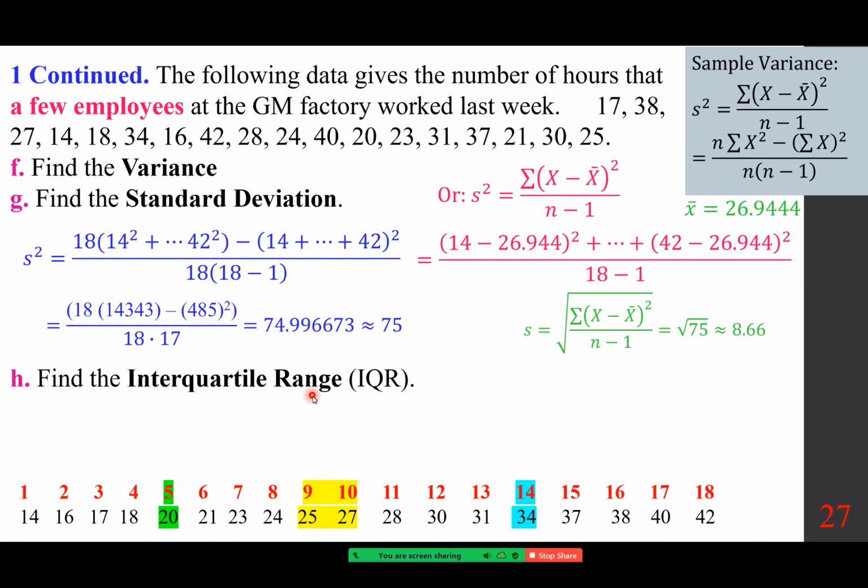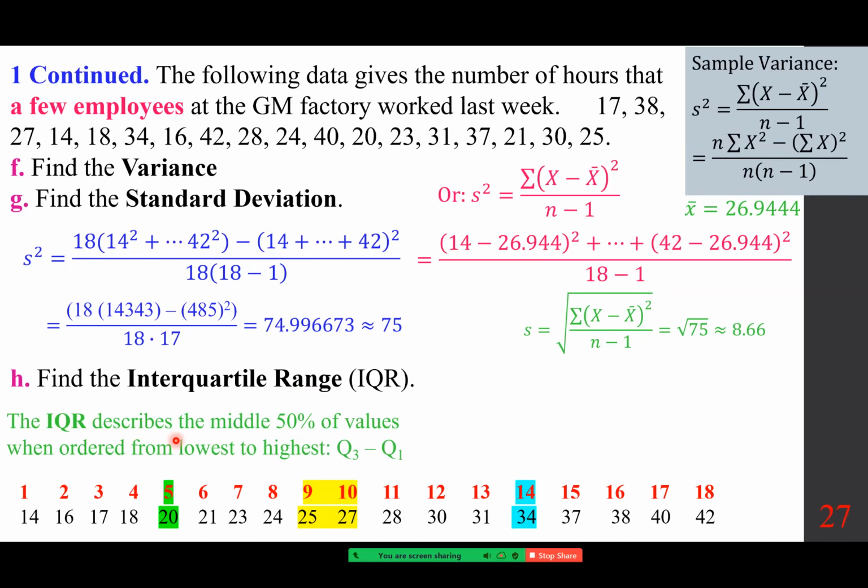What is IQR? The IQR describes the middle 50% of values when ordered from lowest to highest, again, the ranked data. And by definition it is Q sub 3 minus Q sub 1. And Q sub 2 represents the median.